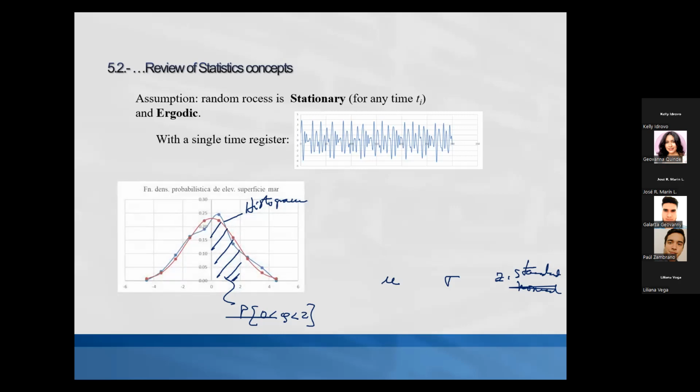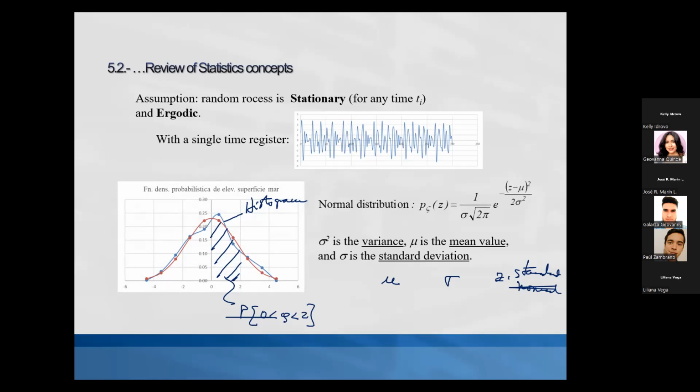Okay, in this case, I complete the example, and in the blue, that's the histogram and the probability density function. And then what I did was draw a distribution, assuming that the wave, in this case the wave height or the surface elevation of the sea, follows a normal distribution, right?